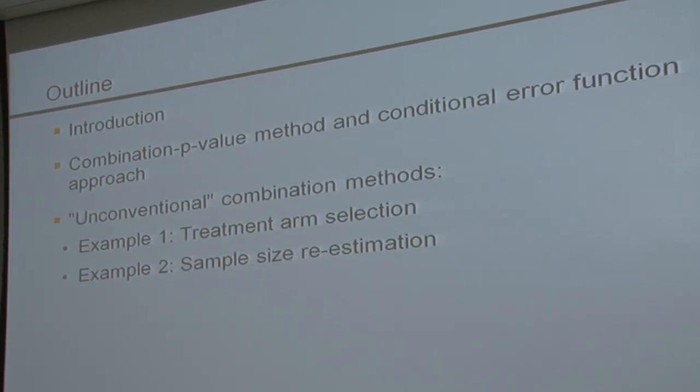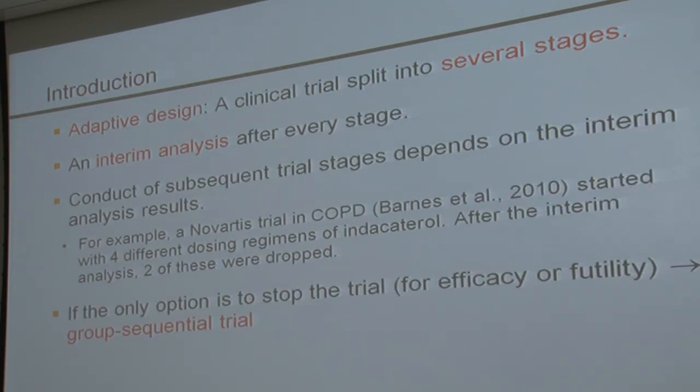But then I hope I can add a little bit of our recent thinking regarding what I've termed here, in inverted commas, unconventional combination methods, where we go to some extent beyond the methods that are available. And I will give two examples of that. One of them is on treatment arm selection and one is on sample size re-estimation.